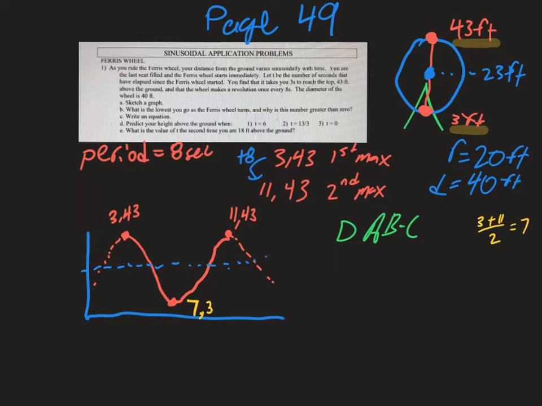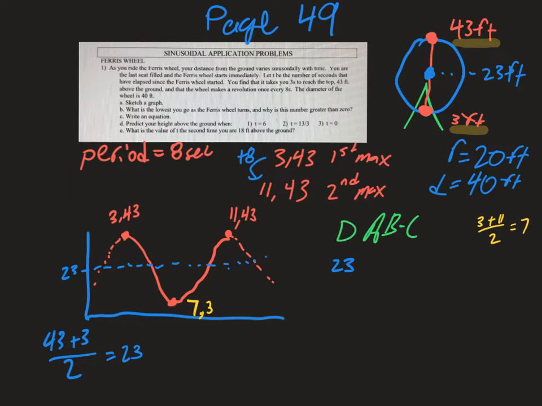We've actually already done it on our little diagram of the Ferris wheel, but just in case we didn't, if you're not sure what's halfway between 43 and 3, you do 43 plus 3 divided by 2, and you should get that this is 23. And that's going to be my D value. So here's 23, and we'll just go ahead and say that, yeah, my D is 23.